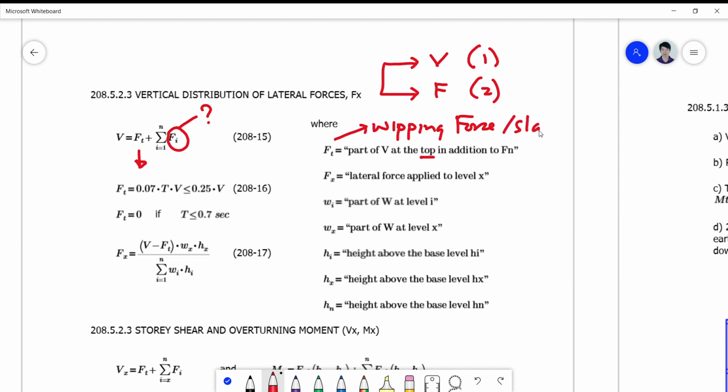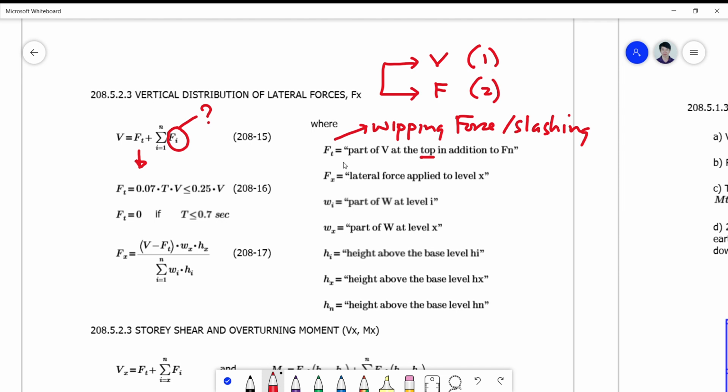If you have experienced somebody hitting you with a very flexible stick, and the tip of the stick hit you, there's actually an additional force induced at the tip to add up to the total force induced on the whole stick. So it's a whipping force given by the formula 0.07TV, less than or equal to 25% of the base shear.